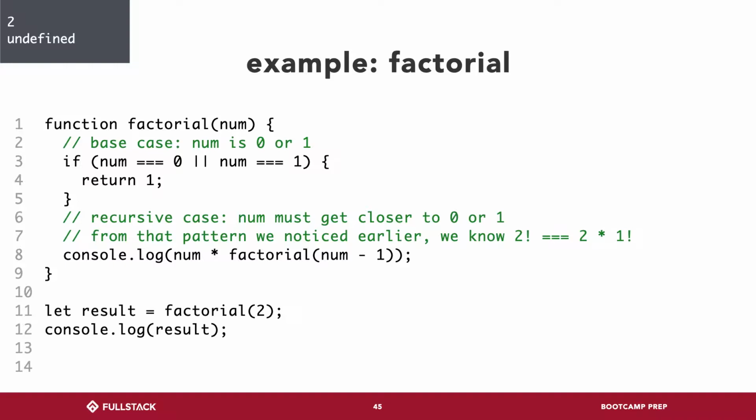We're just console logging, but now we get the actual factorial by doing that number times the factorial of num minus 1, which would be 1, right? So 2 times 1 is 2. Does everyone get this? We're not really solving the problem yet, but we are getting a little closer, right?